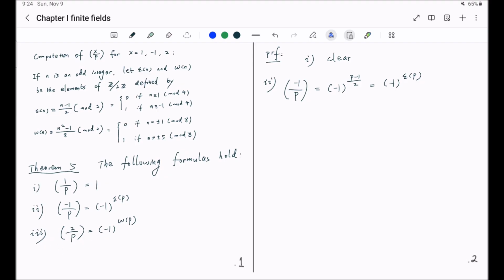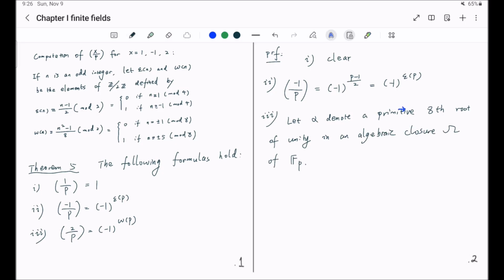And number 3 is the non-trivial part. To prove it, we let alpha be a primitive 8th root of unity in an algebraic closure omega of F_p. Remember, this means alpha to the 8th power is equal to 1, but any lower power is not equal to 1.